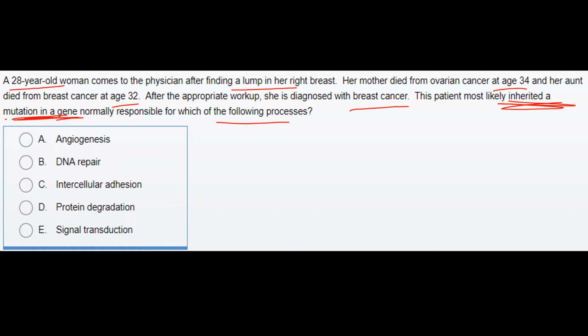Most cases of hereditary breast and ovarian cancers are associated with mutations in the tumor suppressor genes, basically BRCA1 or 2. These tumor suppressor genes are involved in DNA repair. Hence, the answer to this question is B.